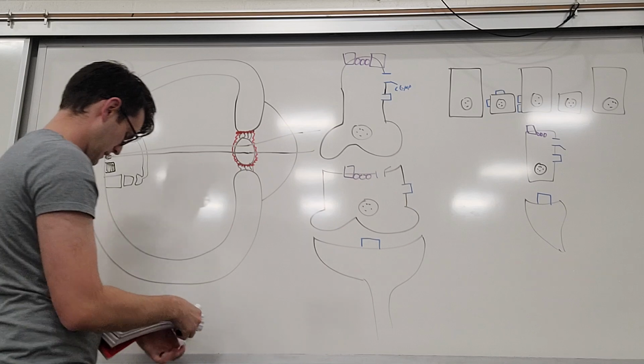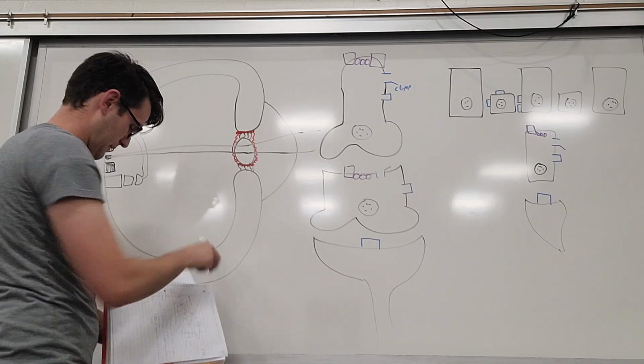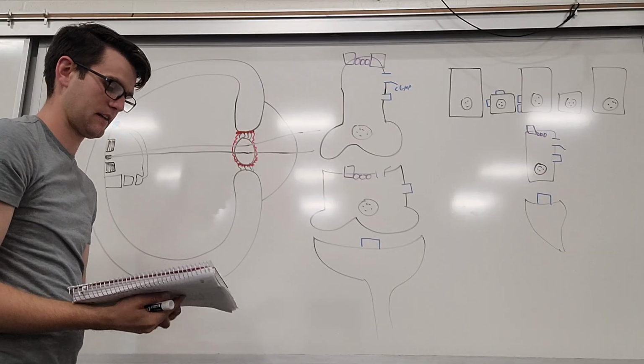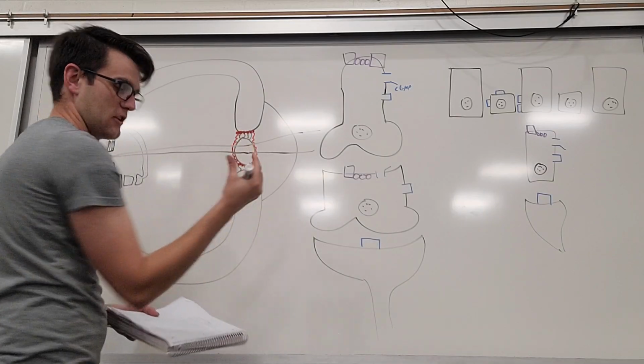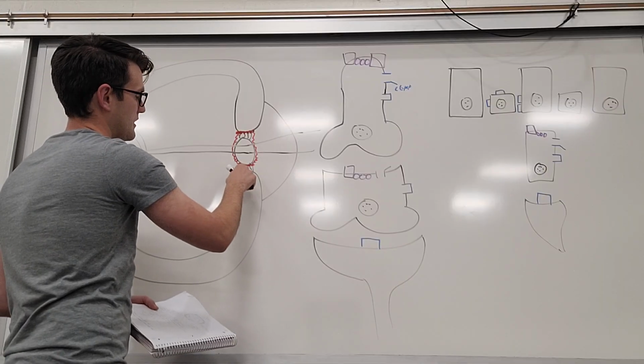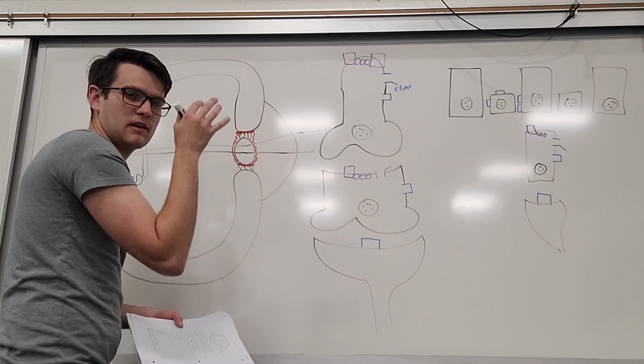So what happens is our ciliary muscles are going to contract or relax. If our ciliary muscles contract, they get tighter and smaller, which causes these suspensory ligaments to relax, to get some slack.